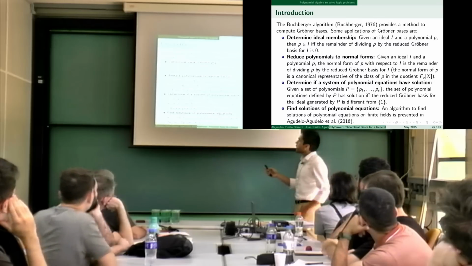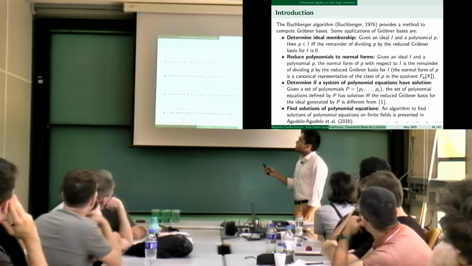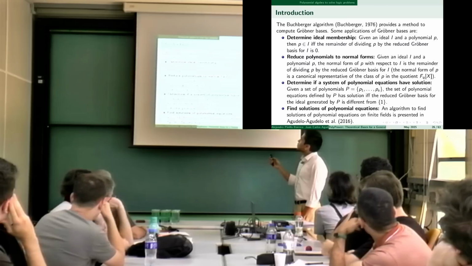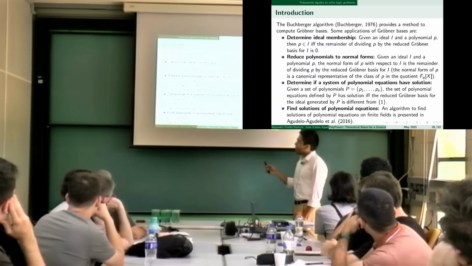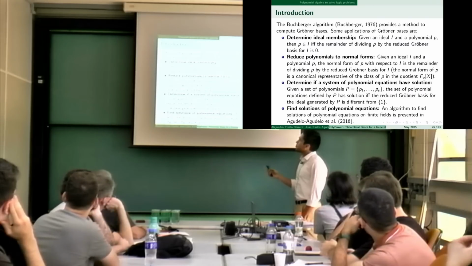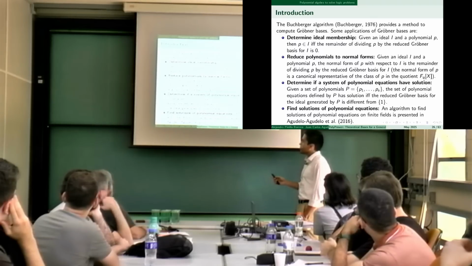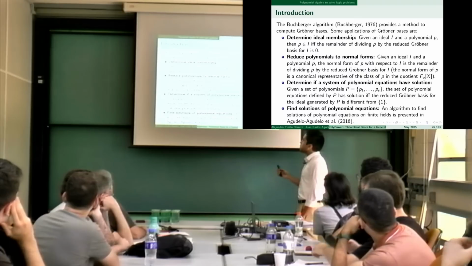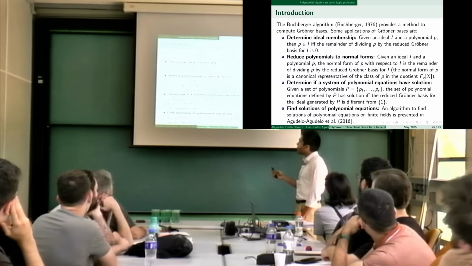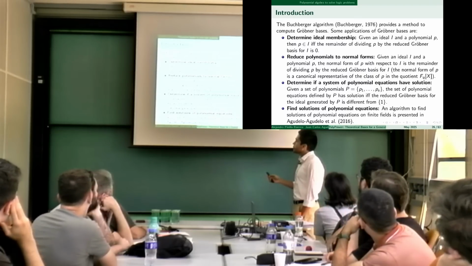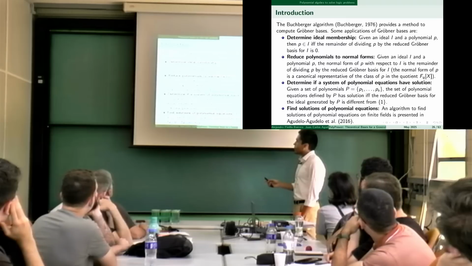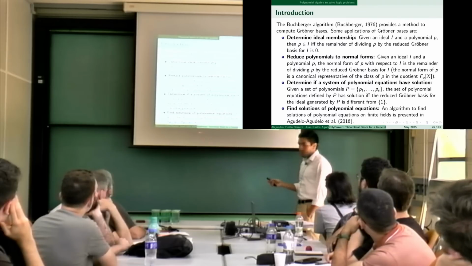Basically four, okay? Determine ideal membership, I mean if a polynomial belongs to an ideal, reduce polynomials to normal forms, which makes the calculations easy in the world of polynomials, determine if a system of polynomial equations has a solution or not, and find solutions to polynomial equations. We have an algorithm proposed by Professor Agudelo, okay?